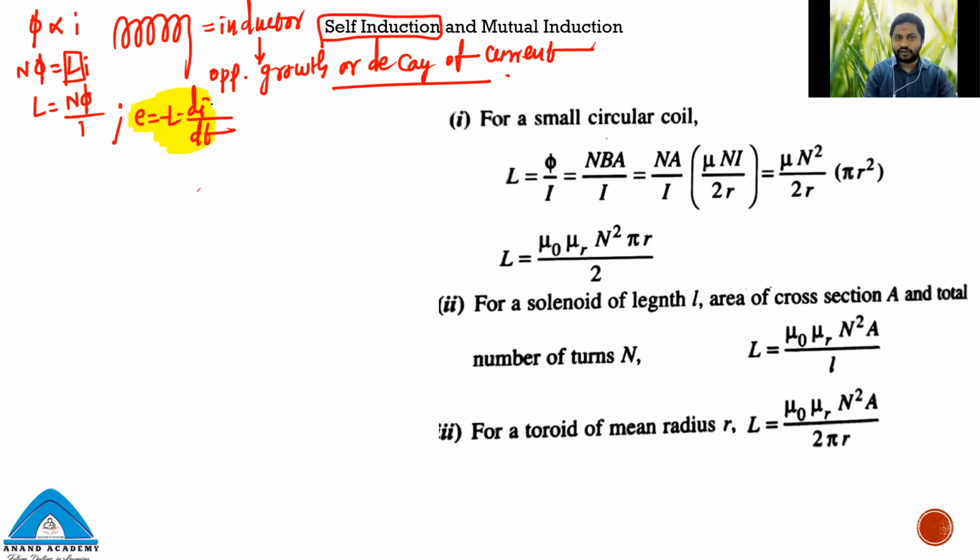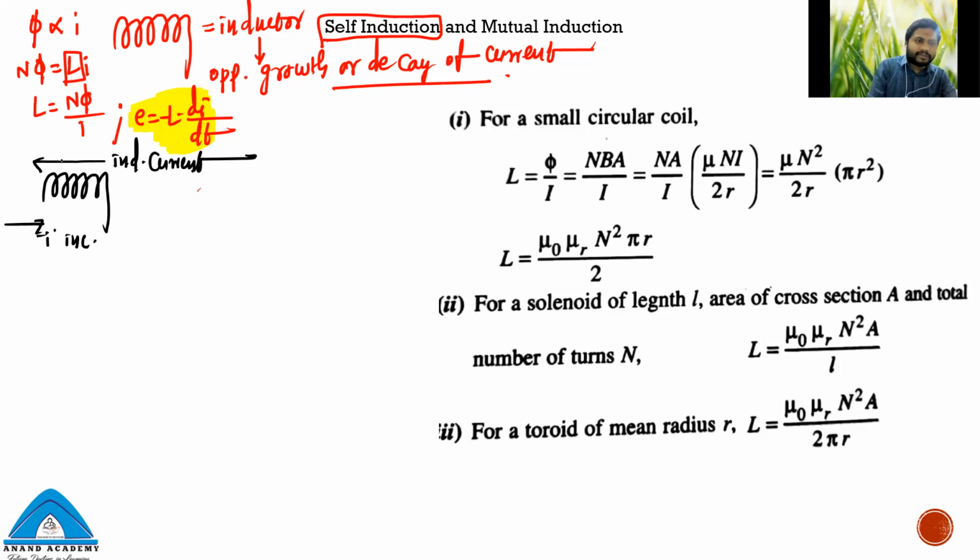Do not get confused. Before we go to the questions, I'll tell you one important area here. Listen, this is an inductor. Through this inductor, the current I is increasing. This particular inductor will oppose the growth of the current, so the induced current will be sent like this.